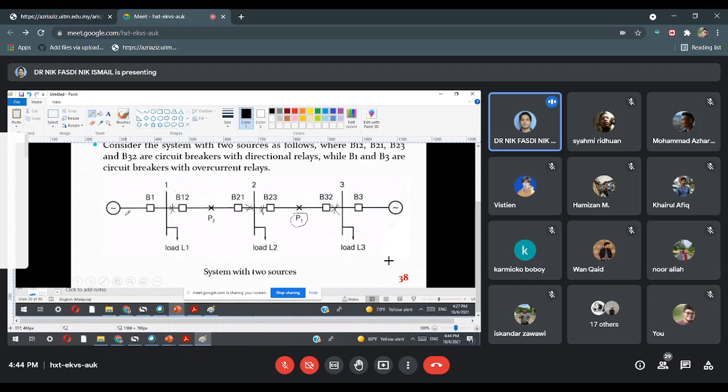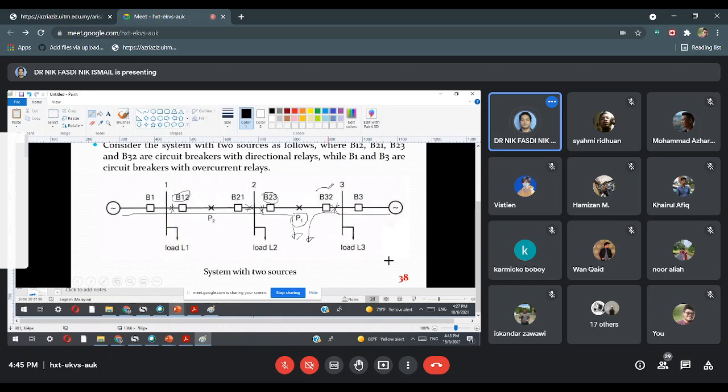Okay. So what happen is sekarang akan flow ke sini dekat sini dia akan stop kat sini. So, because ada dua source dekat sini dia akan kat sini kan. Okay. So what happen is ini akan jadi forward, ini jadi reverse because dekat belakang kan. Ini akan jadi forward. So B12, B23, this one pula okay, ini tak sebab ini overcurrent dia tak ada forward reverse, so only direction.